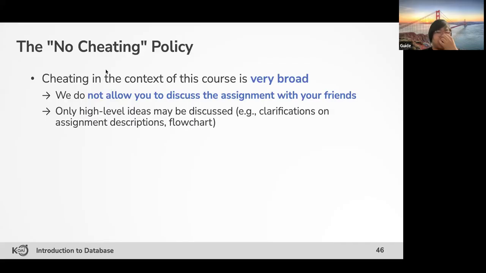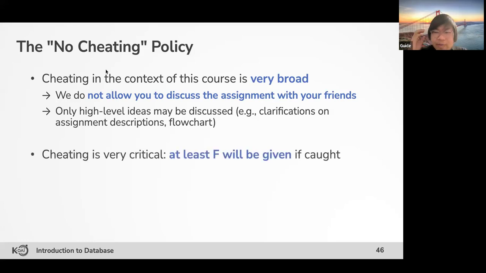You may say, why don't you try this idea? That is still fine, right? But if you give your code to your friend, or you sit together and work on it together, this is not allowed as well, okay?